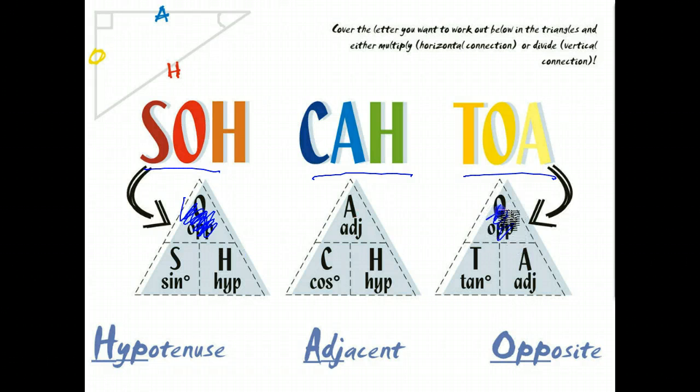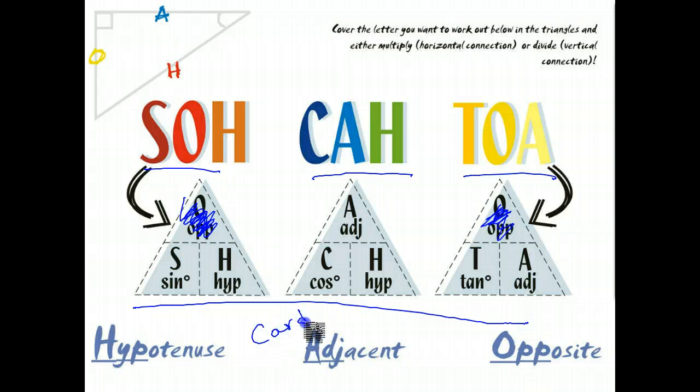Or I can find it over here, and I need tangent of the angle times the adjacent. If I want to find an angle, and I have the adjacent side and the hypotenuse, well, I divide those, and I know cosine of that angle is going to equal the ratio. Okay, so write these three triangles down, put them on your formula card, and have those at your disposal, so you can use them tomorrow in our class.